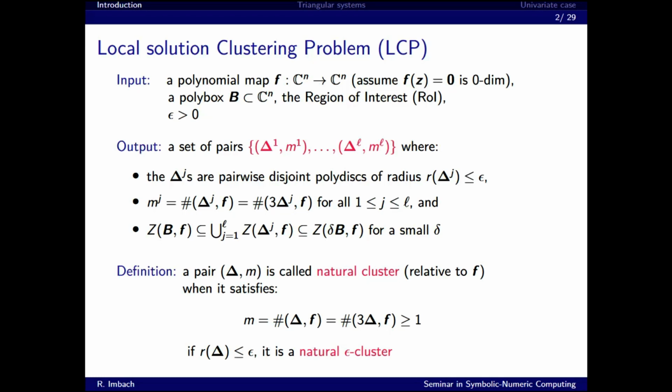So if we allow finding solutions that are in this box but also in a small inflation, this makes the problem simpler. It's not possible to solve it otherwise, not in this model of computation.